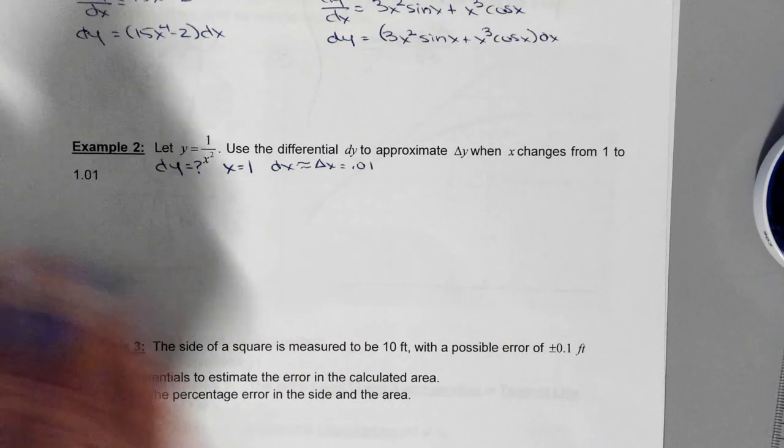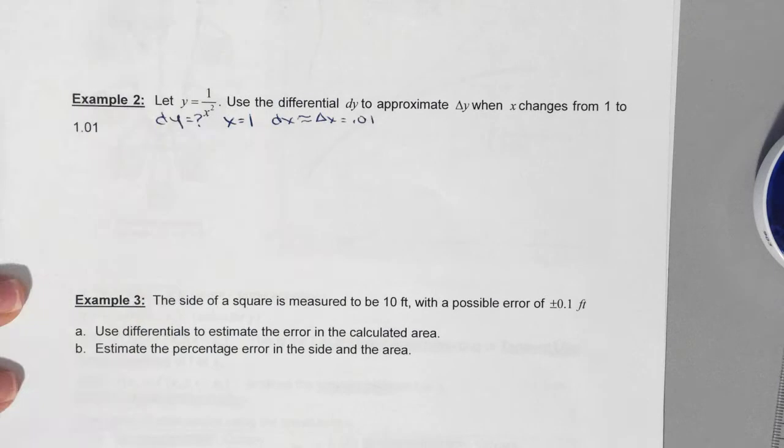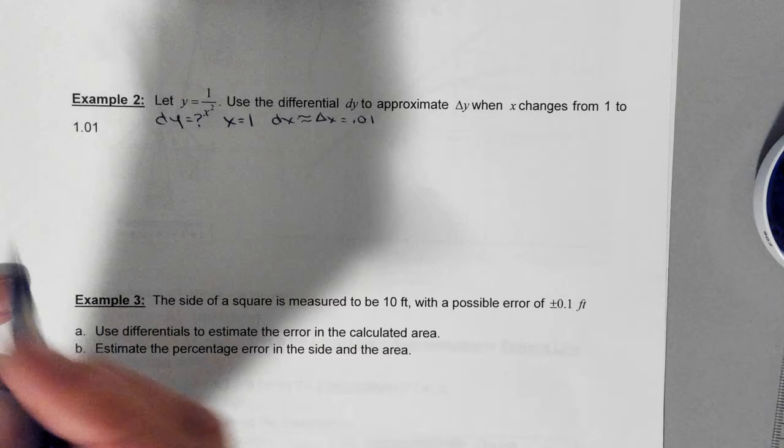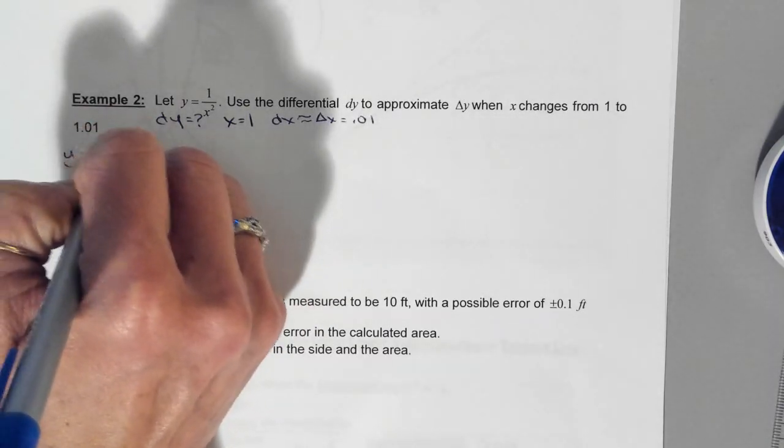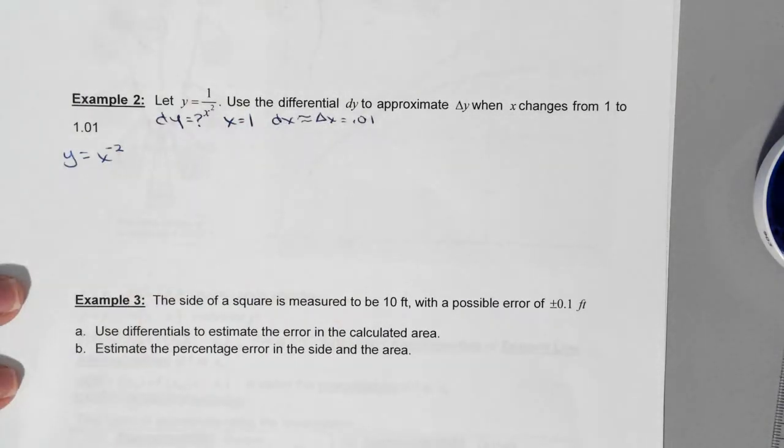They gave us our function, y is equal to 1 over x squared. Am I going to use the quotient rule here? I mean, you can, but it's going to take longer. What's going to be easier? Yeah, that's right. y is equal to x to the negative second. This is a friendly form. I'm not saying that you can't use the quotient rule, but the 1 is going to become 0, and you're going to get the same answer.